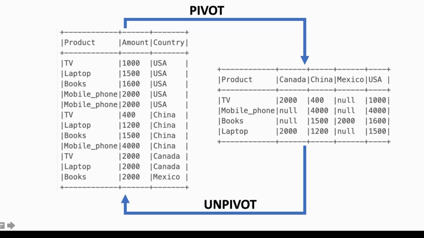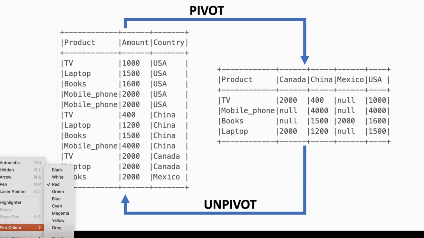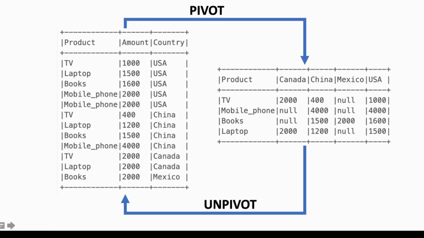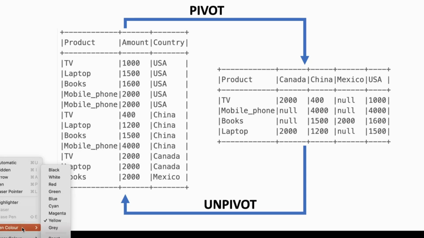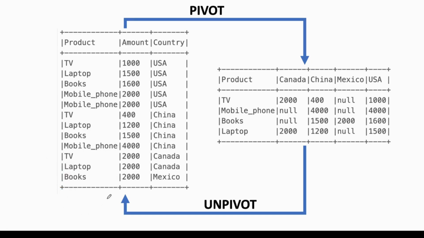So for pivot, I have a table with three columns: product, amount and country. In this, I have four countries: USA, China, Canada and Mexico. I want to get the amount of sales that each country is making for each product.